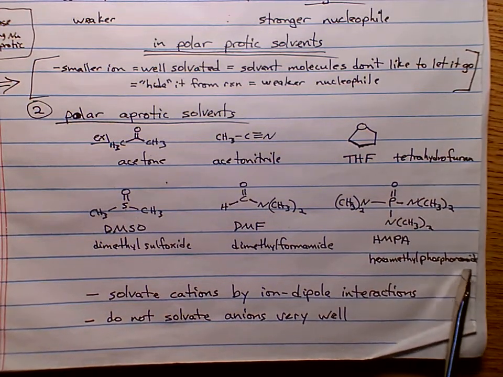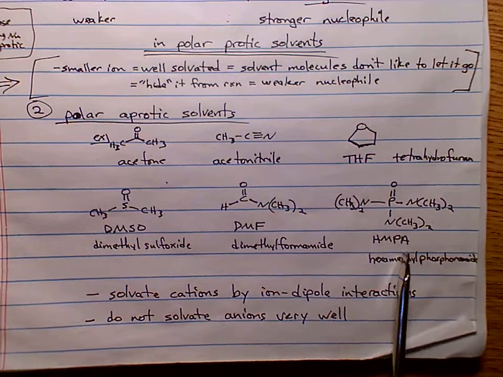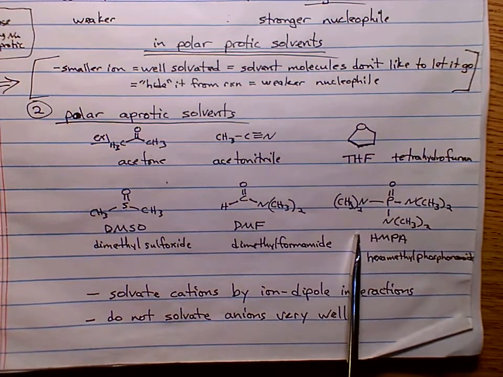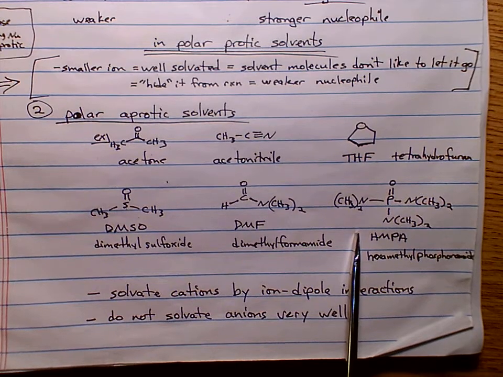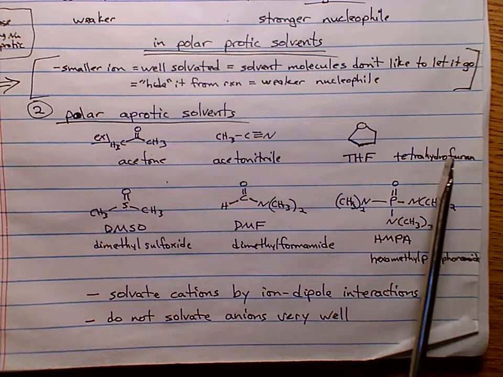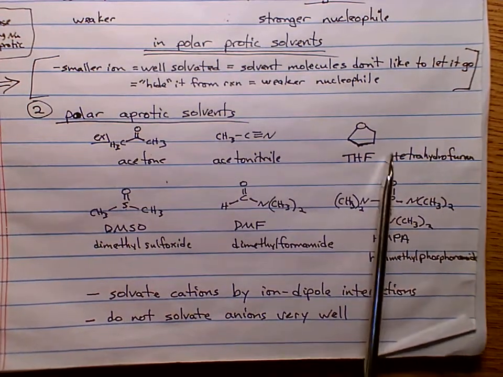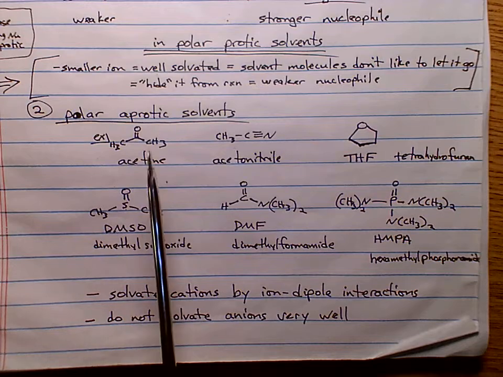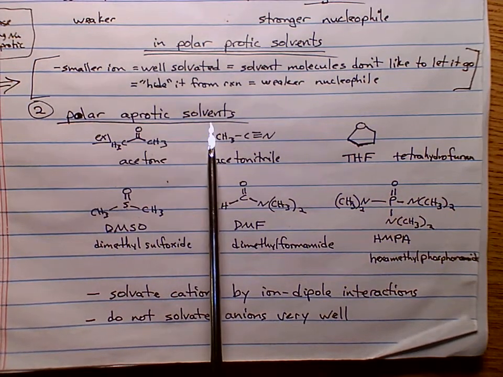Hexamethylphosphoramide, HMPA. That's used a bit in biological chemistry. We don't do it too much in the organic land, but you do see it sometimes. So a lot of organic reactions run in acetonitrile, THF, DMF, very common organic solvents, even acetone. They are polar aprotic solvents.